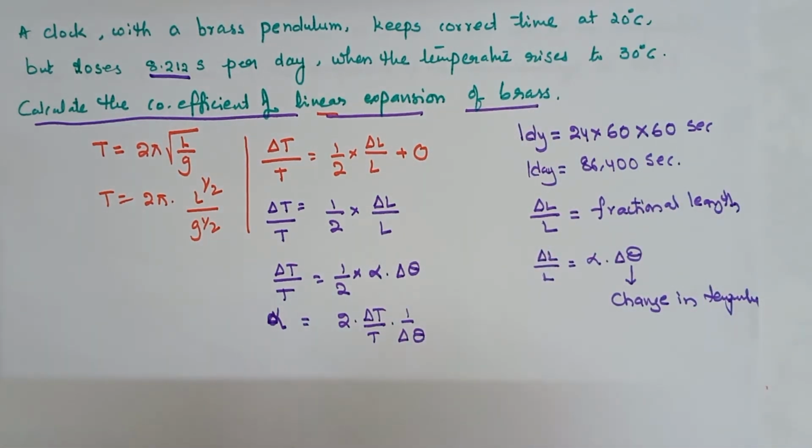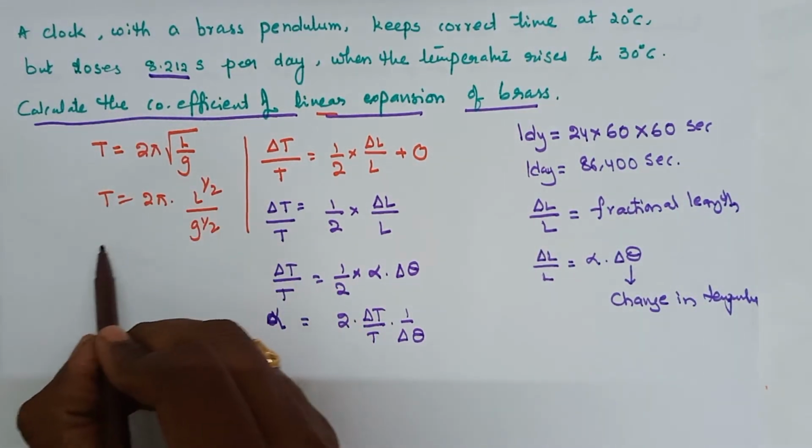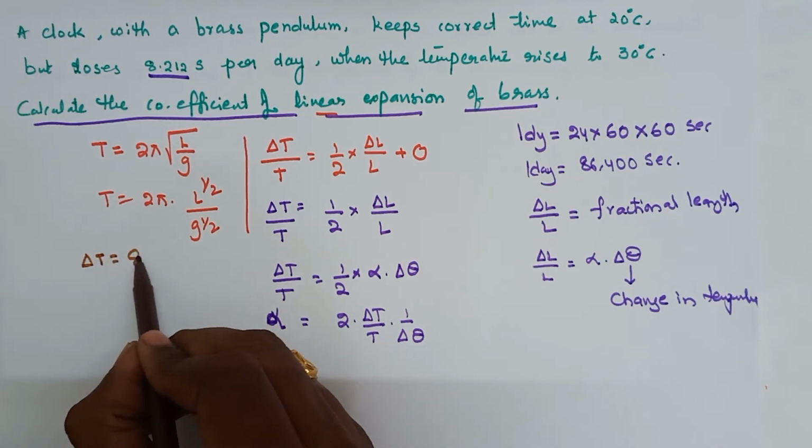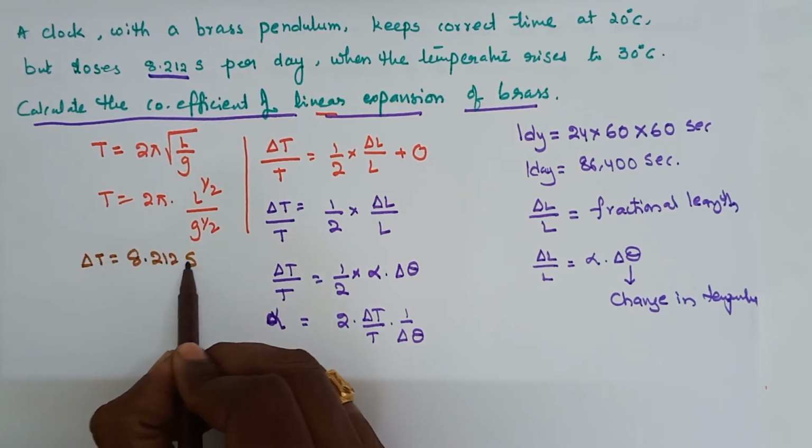Of course this is a constant value. From this problem we have to extract this value. What is t? 1 day time. What is delta t here? The change or loss in time is 8.212 seconds.